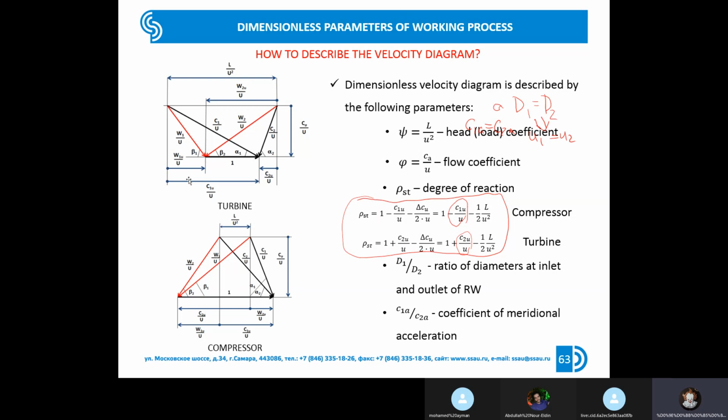One sets the relationship between the diameters. In other words, it sets the shape of the flow path. The parameter number 4 sets the shape of the flow path. And the last parameter sets the value of meridional acceleration.